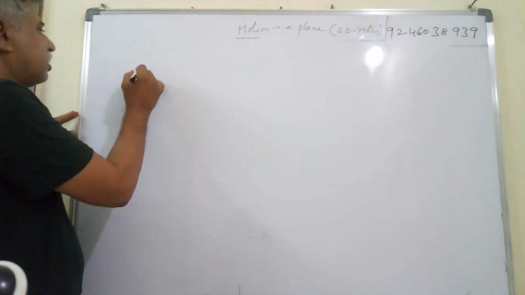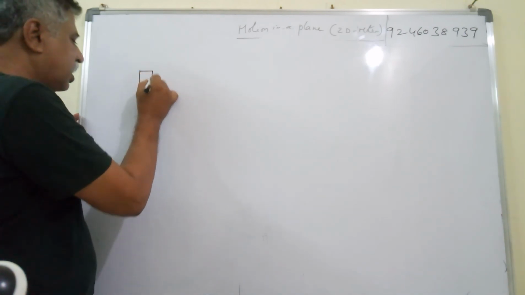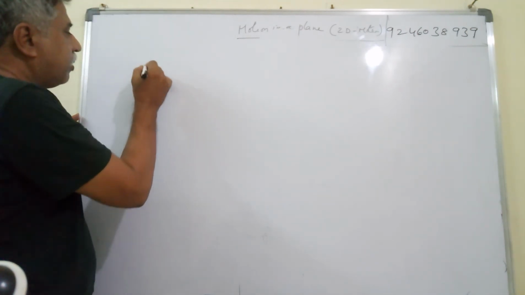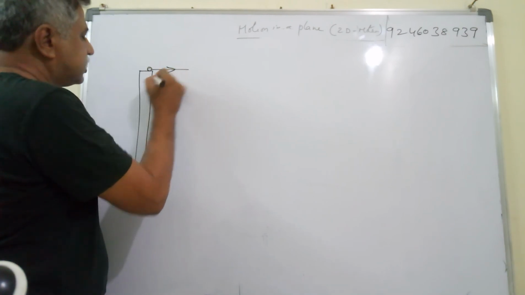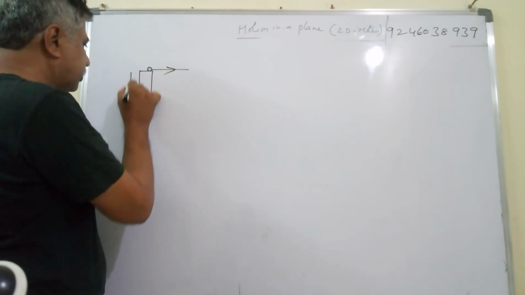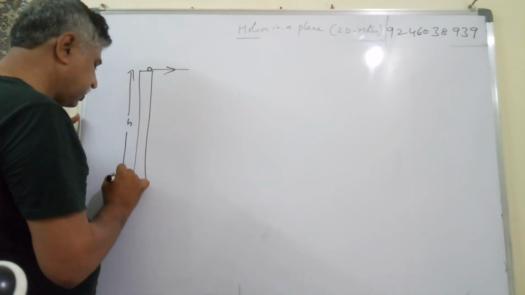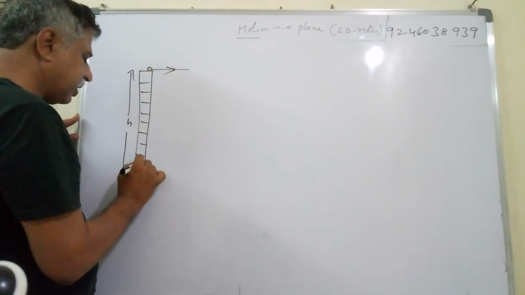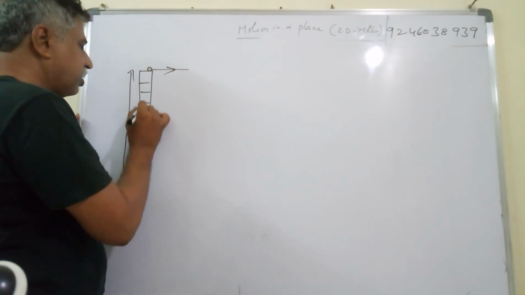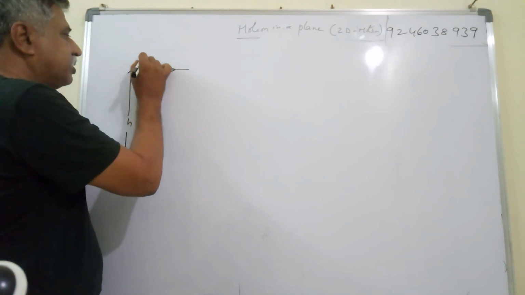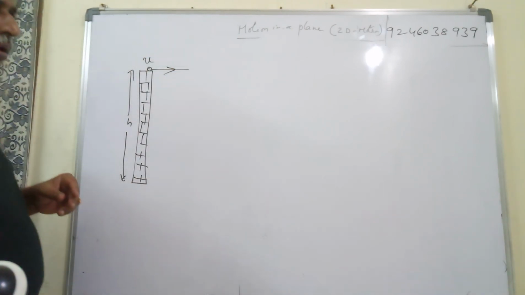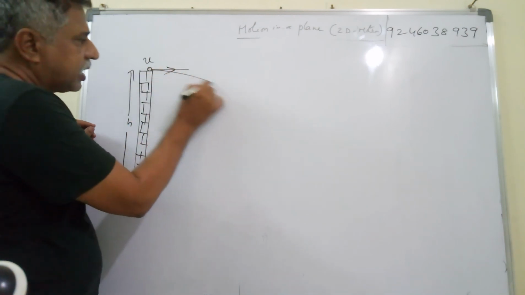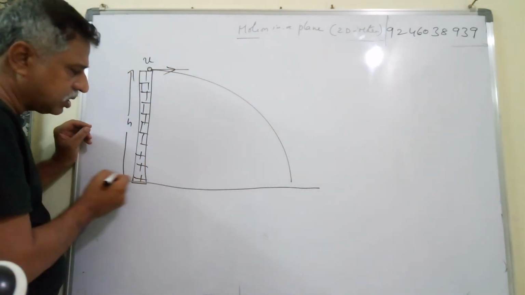For example, a body is thrown horizontally from a certain height h. It is a tower of height h. From the tower, we project a body horizontally with velocity u. It moves like this under gravity and reaches the ground.